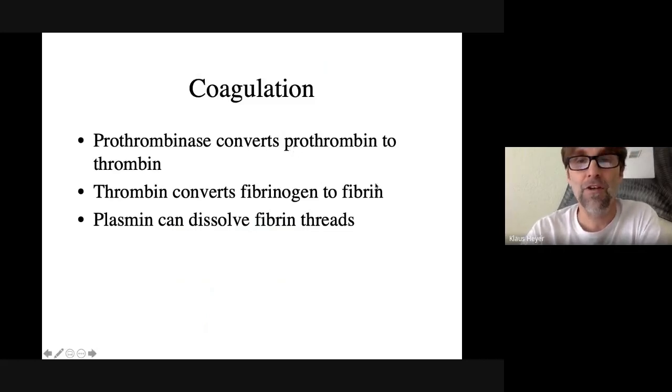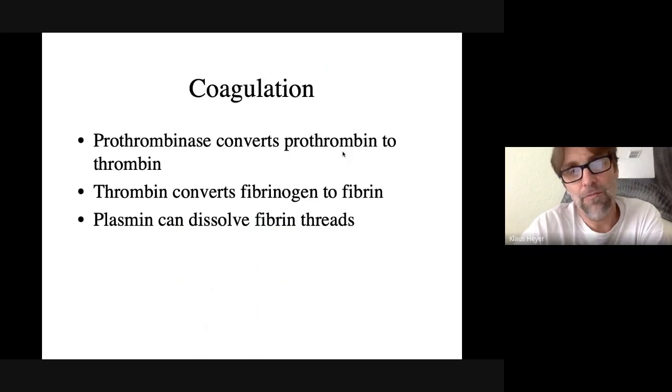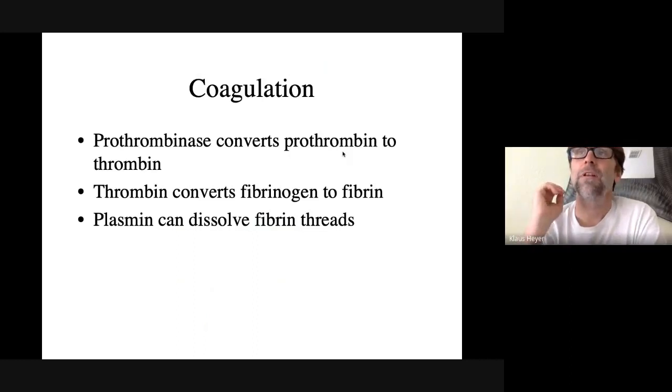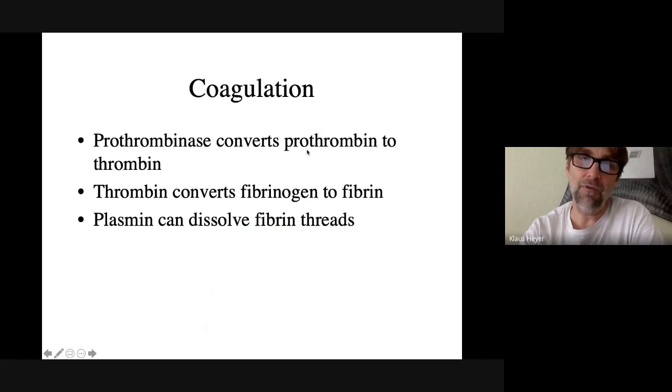You have prothrombin in your body right now. It's fine. It's harmless, right? But when you need to form a clot, prothrombinase is going to be made, and it's going to convert prothrombin into thrombin.